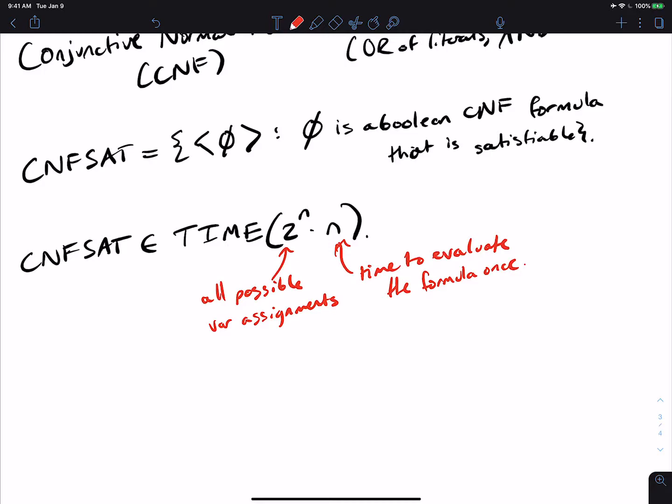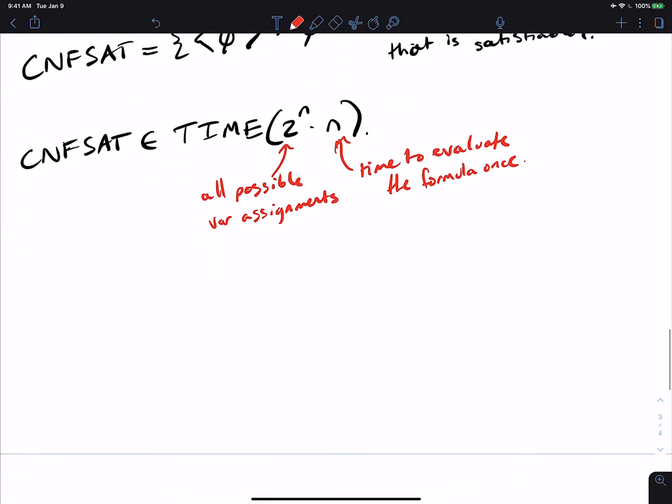So, let's talk about what types of classes it's in. CNF-SAT, I claim, is in NP.